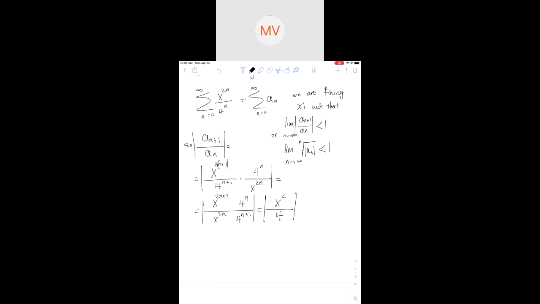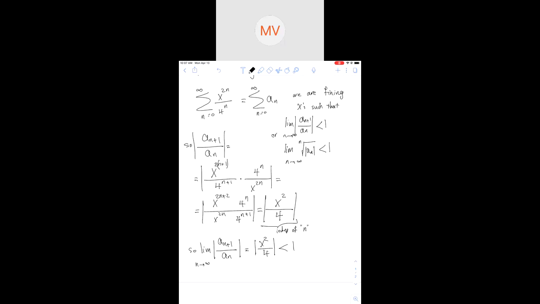Indeed, this is independent of n, so the limit of that is itself. So the limit of this ratio is absolute value of x squared over 4 as n approaches infinity.